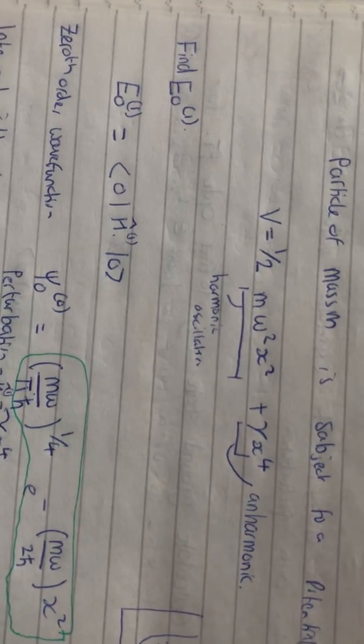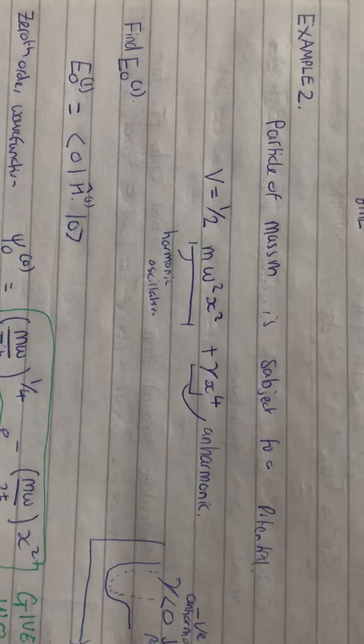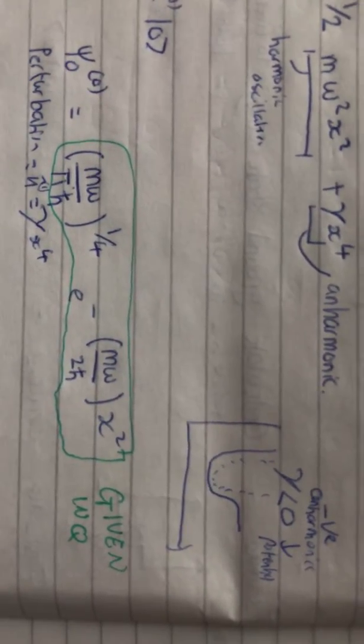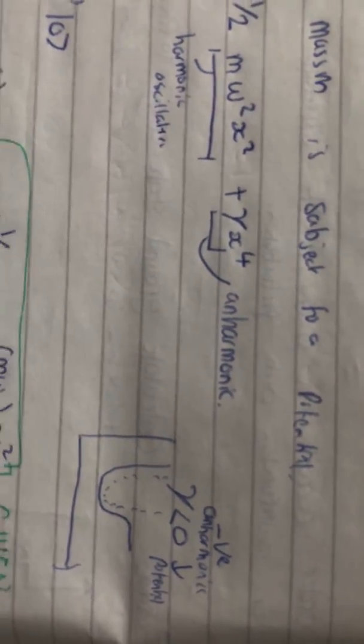Find E01, that is what we want to find. So this is the information we've been given essentially, and we've been given this as well. This is in the question, so we know what the perturbation is. This is the anharmonic effect when we're not using the harmonic oscillator.